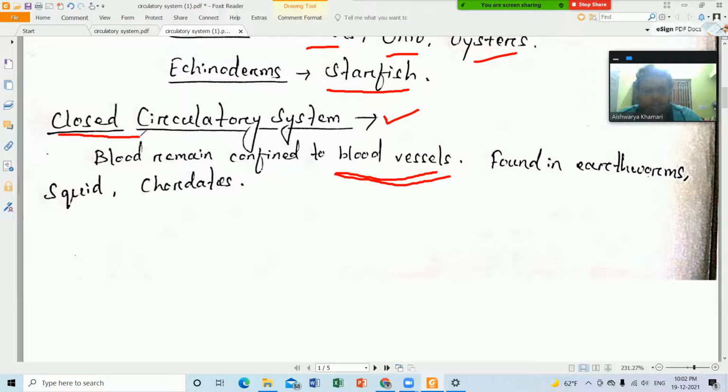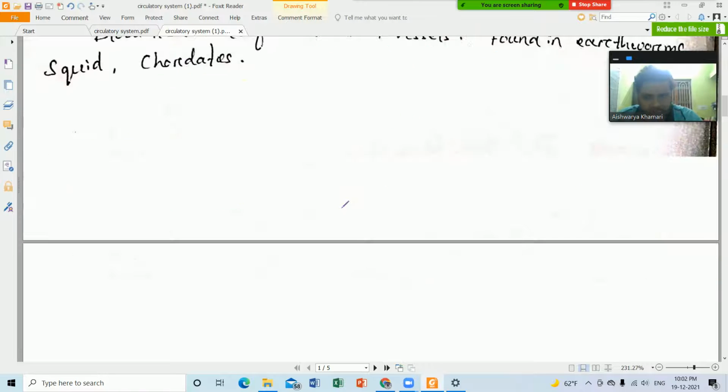No flow of blood in the body coelom or body cavity is there. Only the blood flows in the blood vessels. Mostly this closed kind of circulatory system involves organisms like earthworm, squids, and chordates. So this is all about the open kind and closed kind of circulatory system.